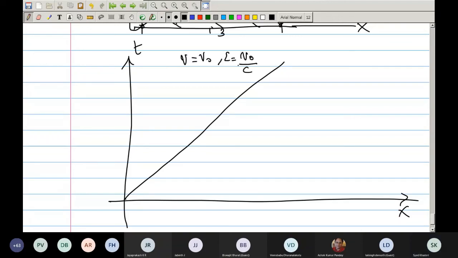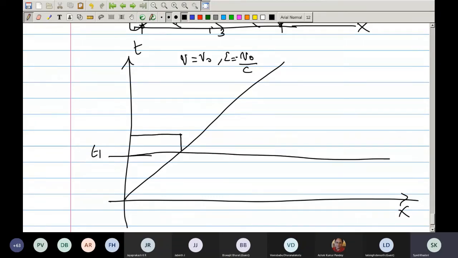So at any point, let's say time t equal to t1, you have velocity which is positive, then 0, and then 0 again. This is the velocity. And strain is negative.